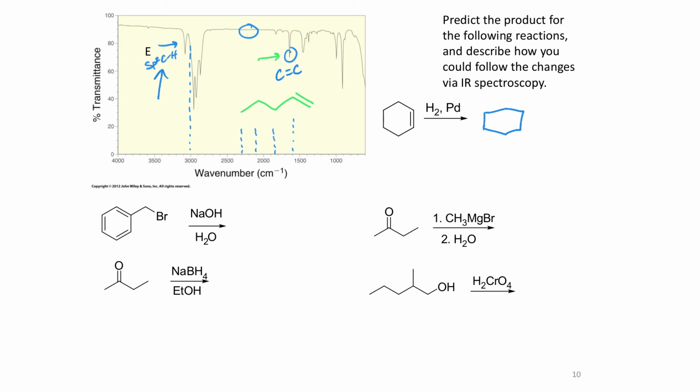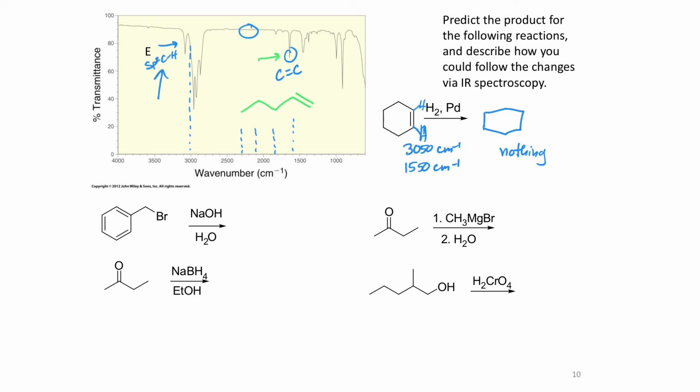Again, we would expect something at around 3050 wave numbers because we have the H's here. And we'd expect maybe something at around 1550 or so because we'd have the alkene. And here we'd expect nothing. It'd be a very boring spectrum like we saw for D.